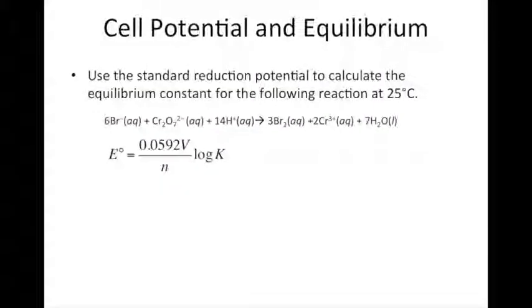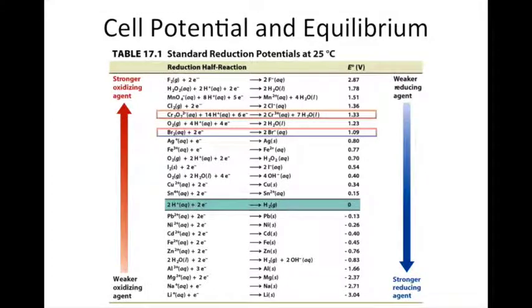Okay, so here we're asked to solve for K, the equilibrium constant, using our standard cell potential. So if I calculate my standard cell potential, I want to look back at my table and find my two half reactions. And these are the two half reactions that I want to use based on the equation that I'm given.